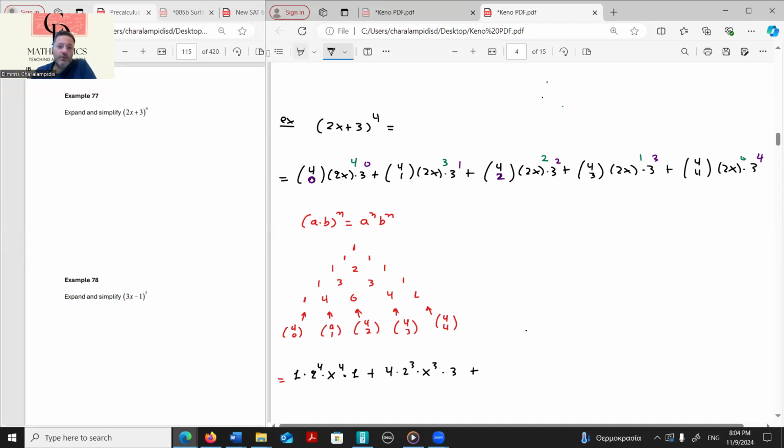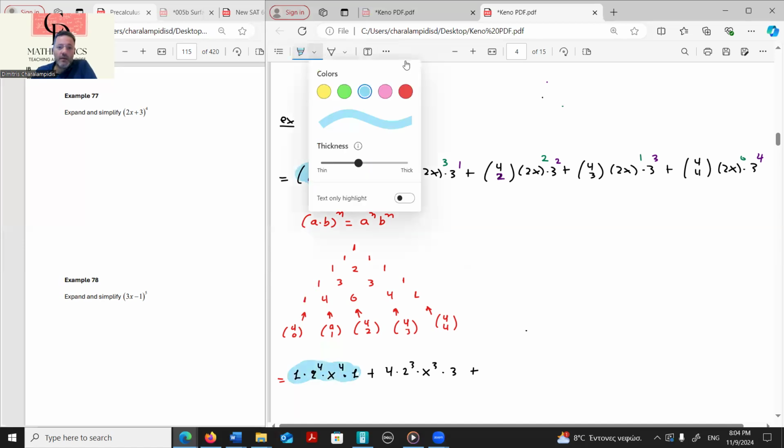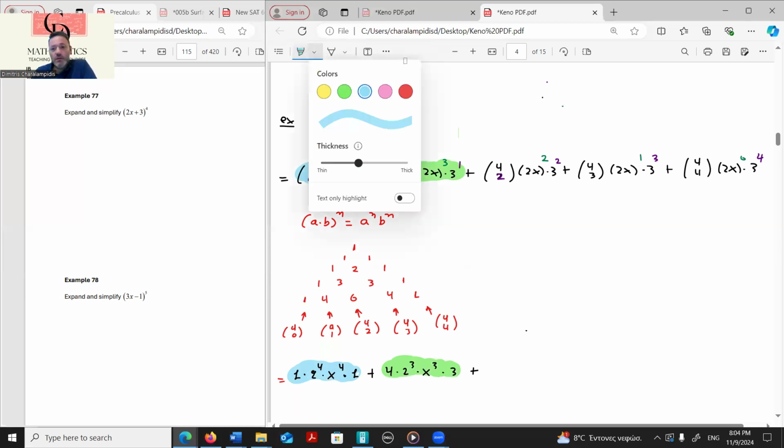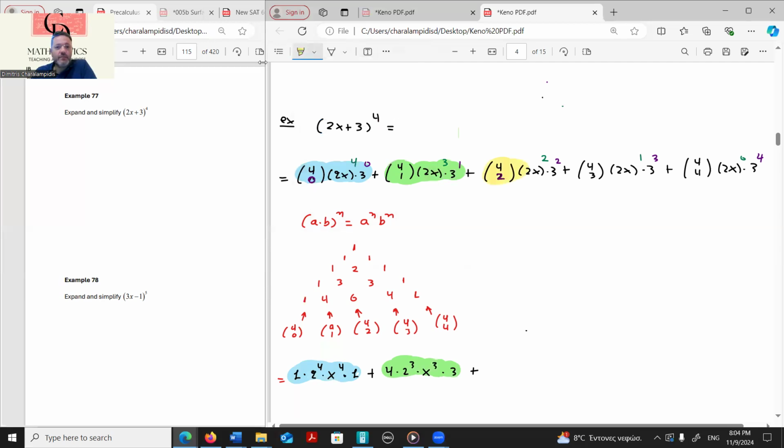Plus, in order for you not to get lost, let me highlight the corresponding parts. This was substituted by that. This here was substituted by that. Now I'm trying to substitute all that.